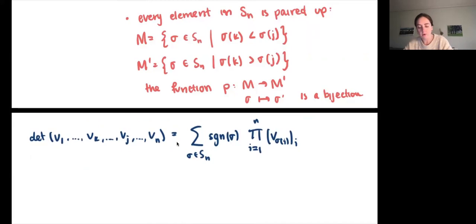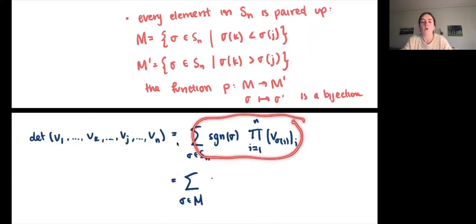So I'm going to do sigmas in M. I'm going to group the terms of this sum according to the pairs sigma and sigma prime.